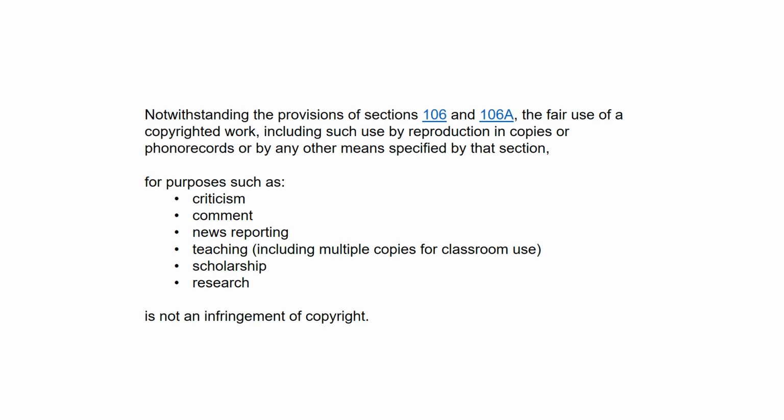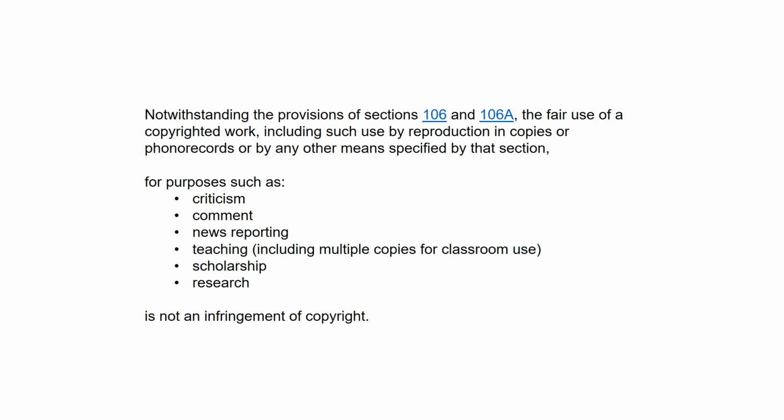So it's basically saying while copyright owners have these rights, which prevents others from copying, using, performing their work without their permission, there is a fair use for purposes such as criticism, comment, news reporting, teaching, scholarship, and research, which would not be considered an infringement of copyright.